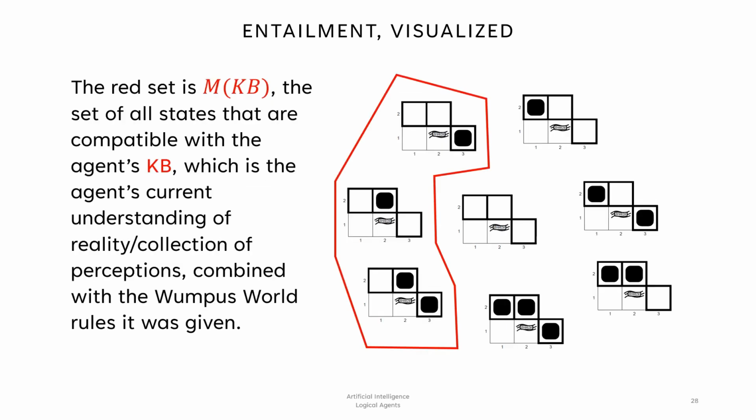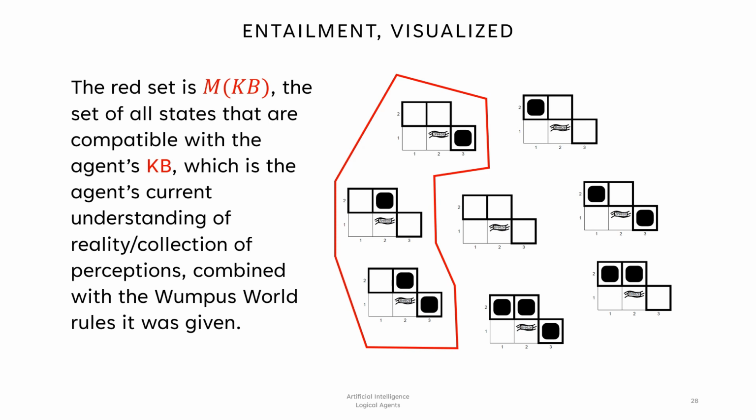You can think of the knowledge base as the summary of all possible models of reality, because it is everything the agent has perceived about reality. So anything outside of the knowledge base can't be real, at least in an environment where all the information is reliable and static.